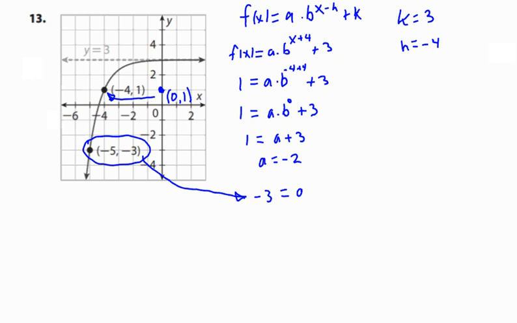Well, a we already know is negative 2. Negative 2 times b to the power of negative 5 plus 4, plus 3.